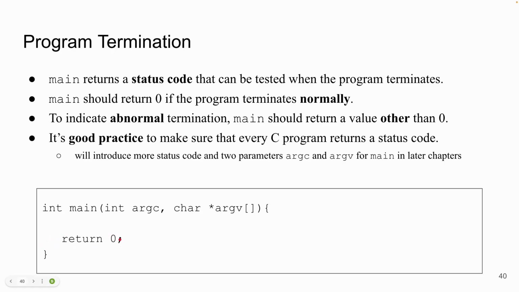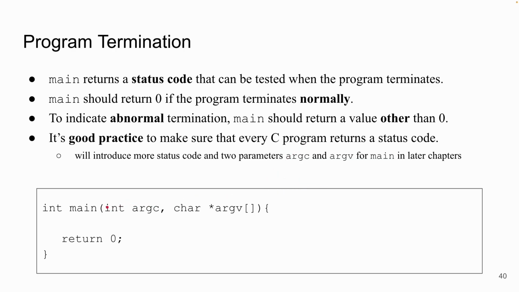However, we can also write other return values in main to indicate abnormal termination. If we can check some situation and make the main function return another status code, then we can check whether our code terminated normally or some special situation made our program terminate abnormally. So we can use this status code in the return to check that.